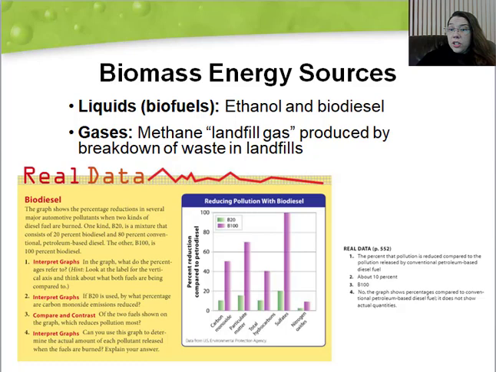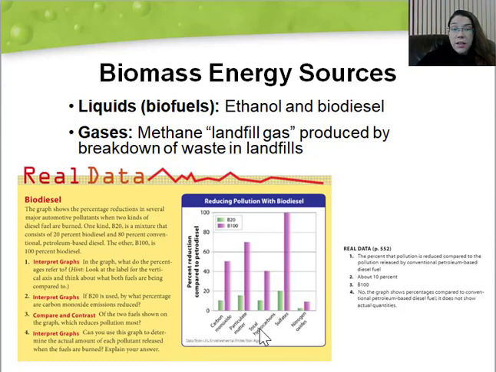So let's take a look at our chart before we read the questions that they want us to answer. Reducing pollution with biodiesel is our title. We have our y-axis, which indicates the percent reduction compared to petroleum diesel.